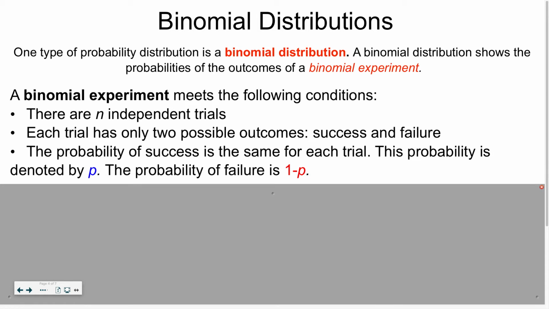All right, and then the last one there is the probability of success will remain the same for every trial. And we're going to call that probability P, little p. Therefore, the probability of failure is just the complement of little p, 1 minus p.